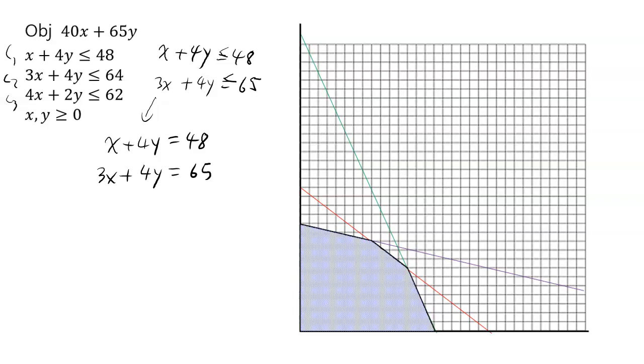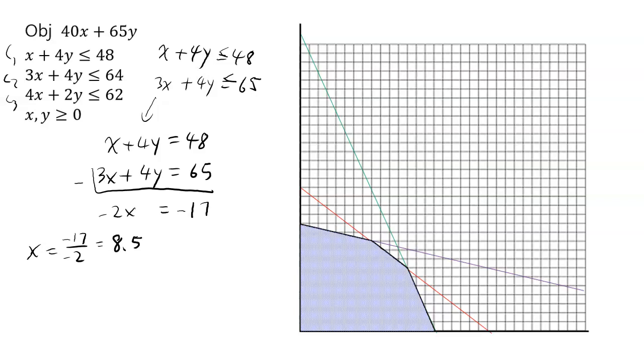And then subtracting it, we get negative 2x. 4y minus 4y is 0, so that goes away. And then this will be negative 17. Dividing, we get x equals negative 17 over negative 2, which is 8.5.